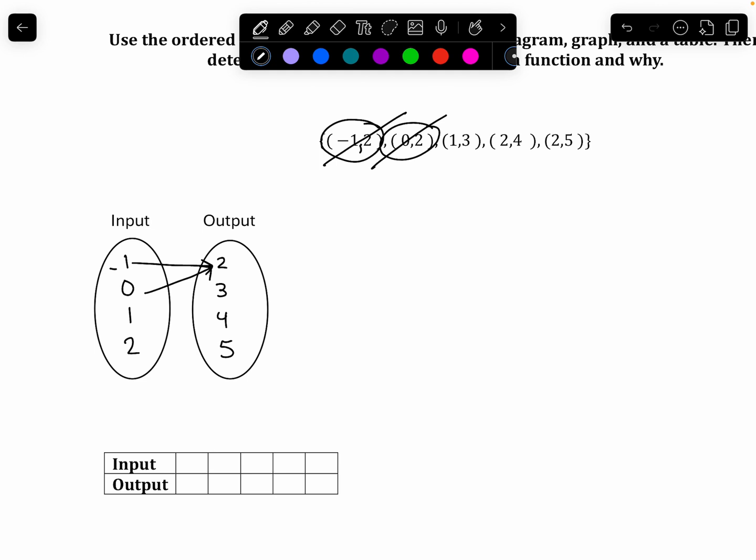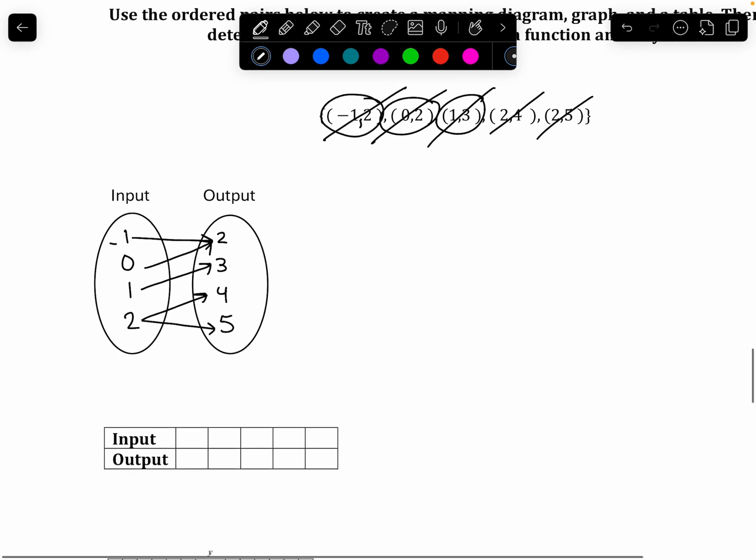You just can't have different y values for one specific x value. 1 maps to 3. And then 2 maps to 4, but 2 also maps to 5. So that is how you do a mapping diagram. You never repeat values within the ovals themselves. You show repeating values by having multiple lines coming out of your domain or range.